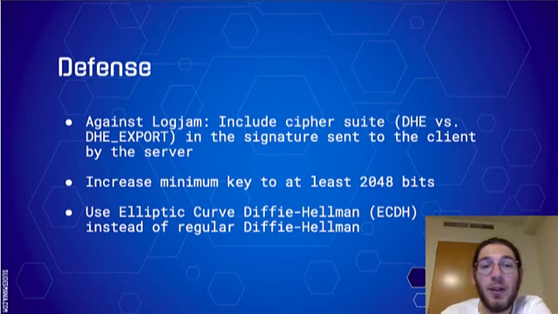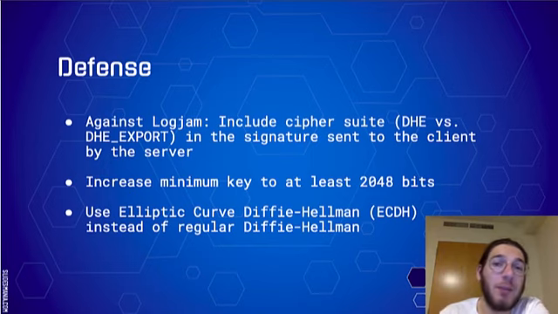And for attacks against Diffie-Hellman in general, servers can increase the minimum key, or the prime number, to at least 2048 bits, which defends, currently at least, against even state-level attackers. And we can also use elliptic curve Diffie-Hellman instead of regular Diffie-Hellman, which uses modular arithmetic. And basically, elliptic curve Diffie-Hellman is more secure while also being more efficient.